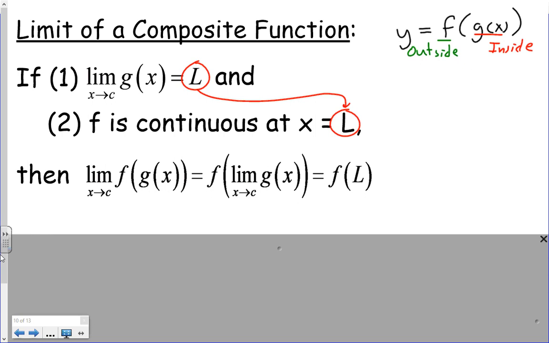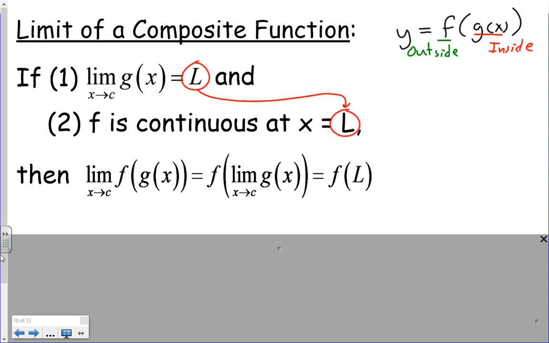If you meet both those conditions, then here's how we can find the limit of this composite function. That's what the conclusion states. Then the limit as x goes to c of f of g of x is equal to f of the limit as x goes to c of g of x.